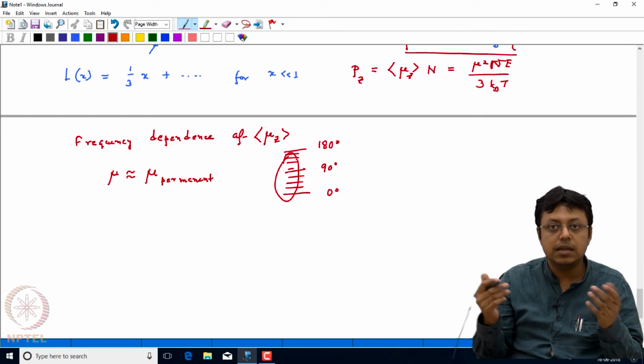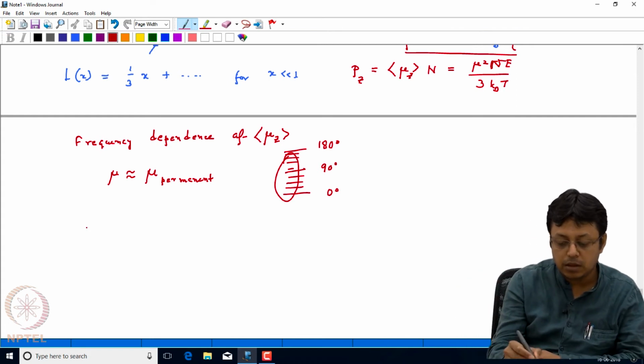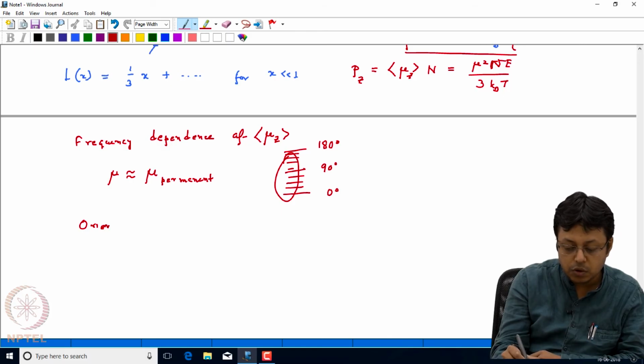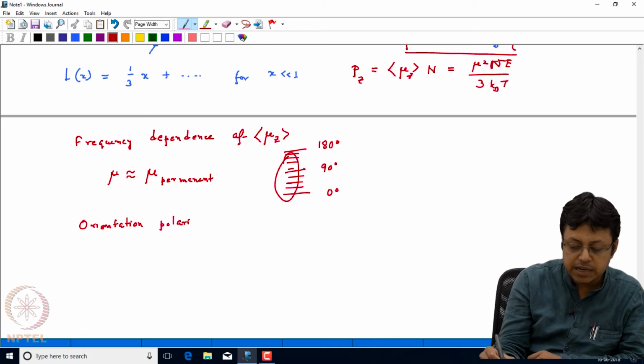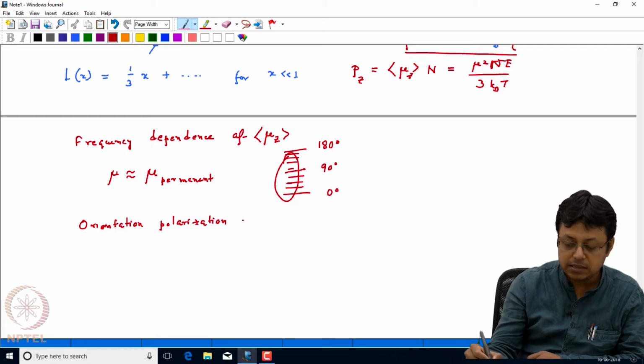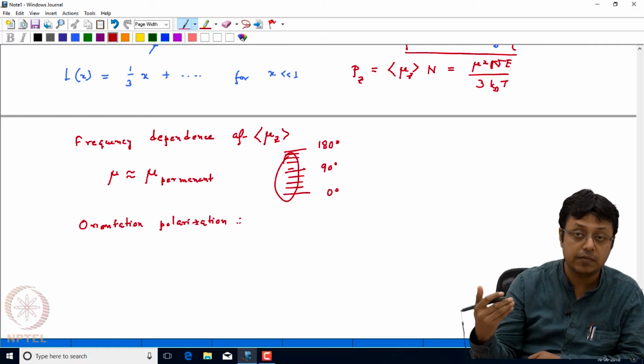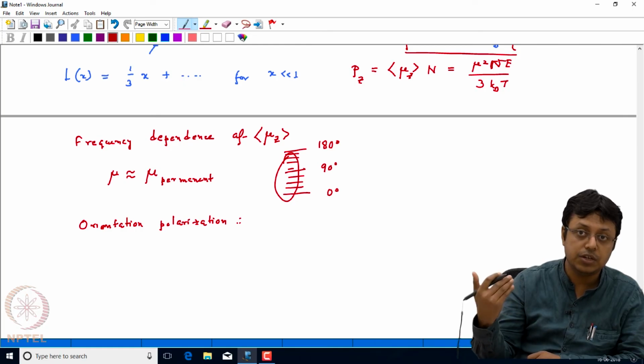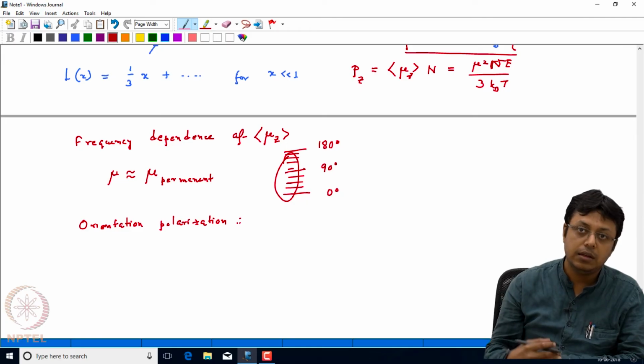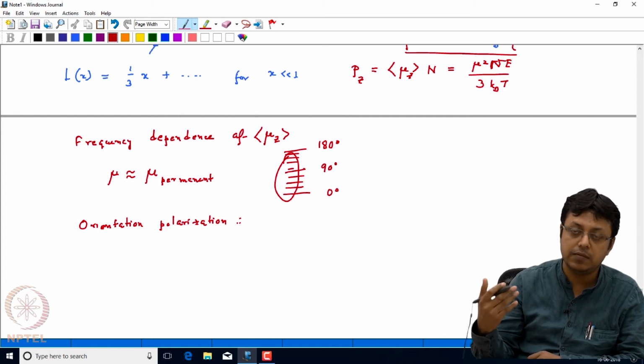So, what I am saying here is that the orientation polarization, which comes from the permanent dipole moment, will vanish if the electric field frequency is on the order of the microwave range or more, because the rotational time scales are much slower than the electric field frequency, so I will not see an orientational dipole.